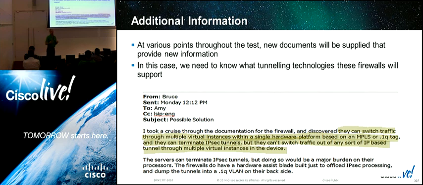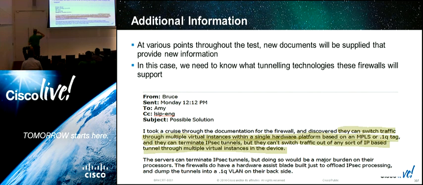But no, that's not the right answer. The right answer is now I need to tell you what the firewalls support. One, so that you have the information, and two, again, to guide you a little bit in a direction. By giving you that information, you realize, maybe they're wanting me to terminate tunnels on the firewalls, guiding you in a bit of a direction, right?